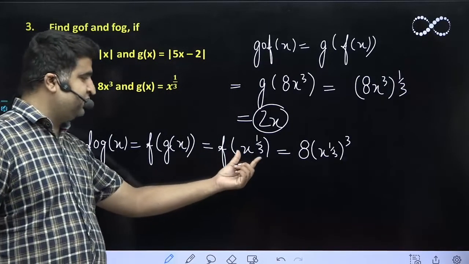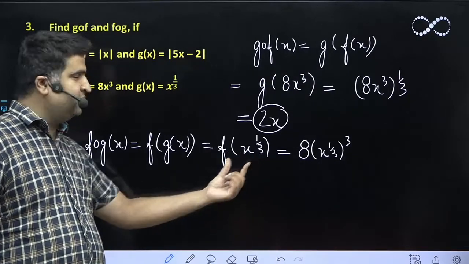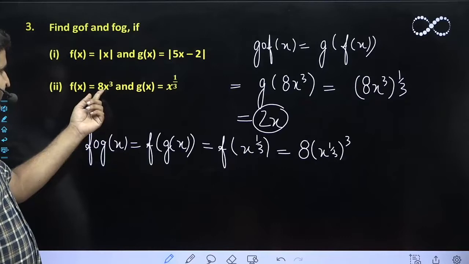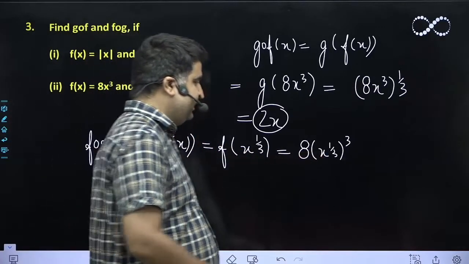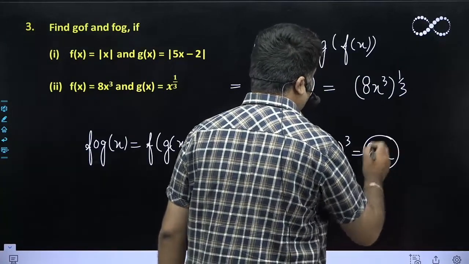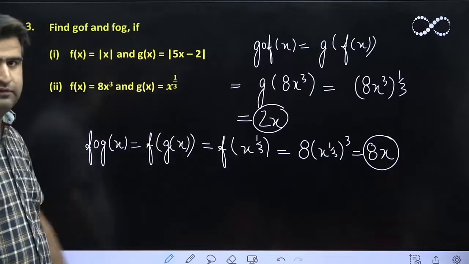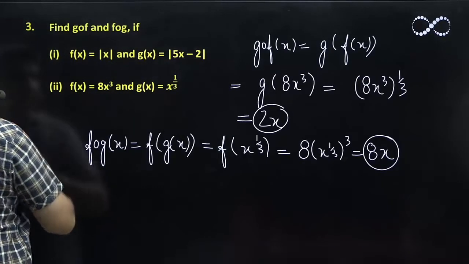We just have to substitute the value of x, replace the value of x with x to the power 1 by 3. So if you replace x with x to the power 1 by 3, this x becomes x to the power 1 by 3. If you power it to 3, this becomes x. So answer is 8x. So these are GOF and FOG in this case. So let's move on to the next part.